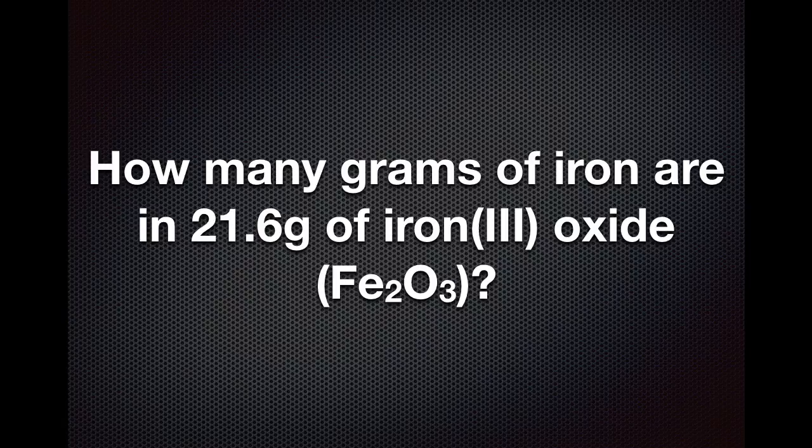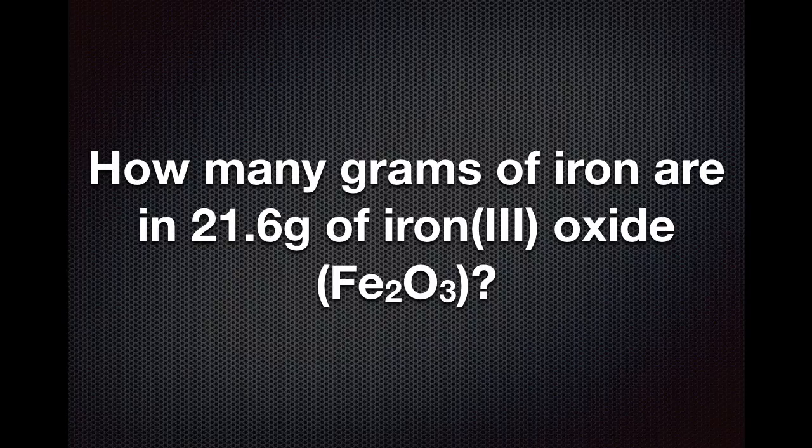So 111.8 divided by 159.8, you should get 69.96, or about 70.0%. So what is 70% of 159.8?